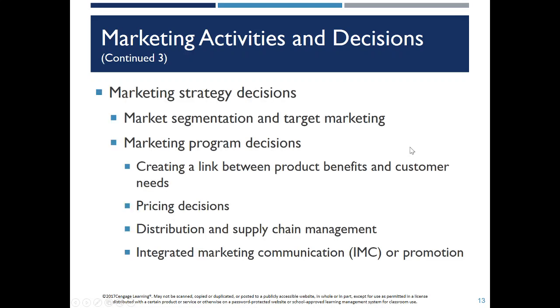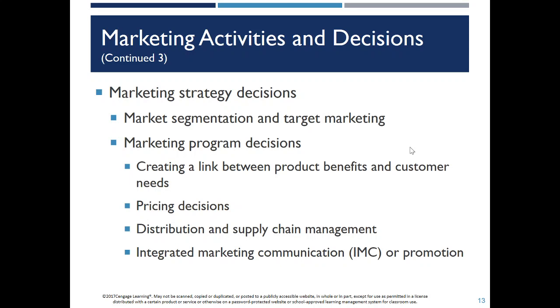Decisions we make: market segmentation. I know you've talked about target marketing. I know you've talked about program decisions. You need to decide basically how you communicate the benefits to consumers. You need to figure out how much to charge for your products. You need to generate revenue, but you also need to generate perceived value based on those prices that you charge.